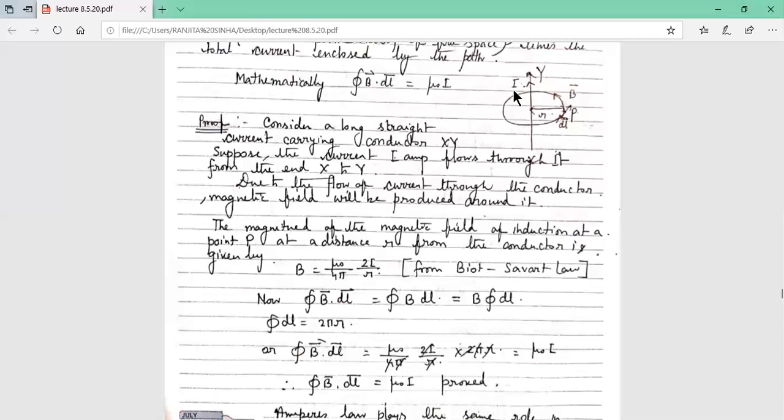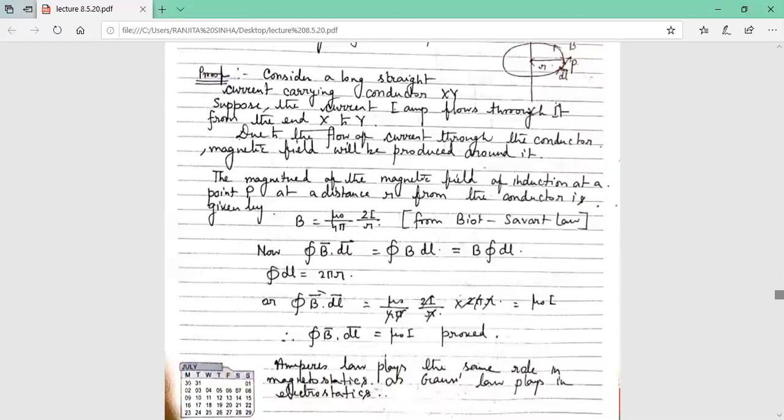Ultimately we get the line integral of B dot dl equal to mu0 I. This is the expression of Ampere's circuital law. Ampere's circuital law plays the same role in magnetostatics as Gauss law plays in electrostatics. So Ampere's circuital law is the line integral of B dot dl equal to mu0 I. Remember this expression.